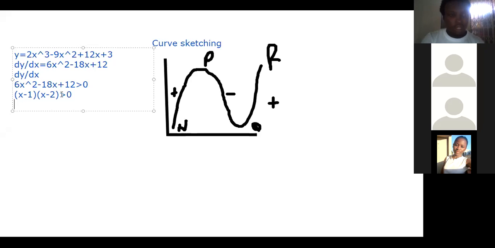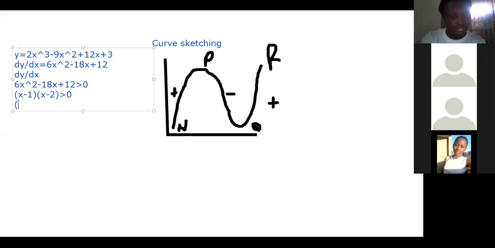So x minus 1 greater than 0 gives x greater than 1, right? So solving the inequality, we have x less than 1 or x greater than 2. Please check for me. So we have (x minus 1)(x minus 2) greater than 0.